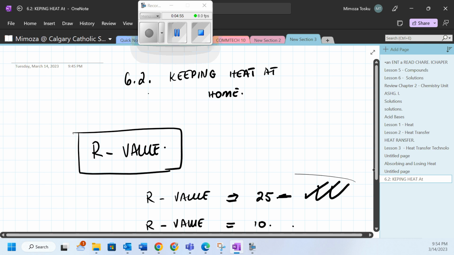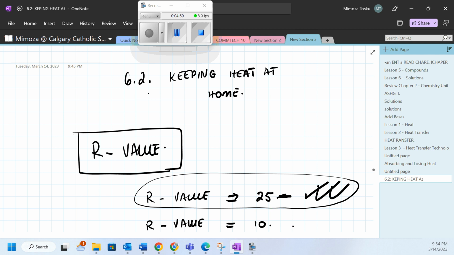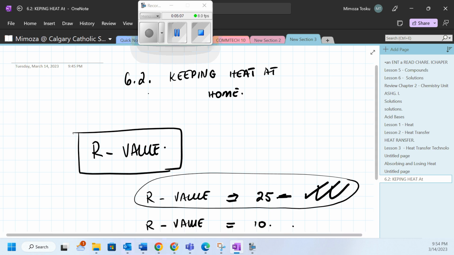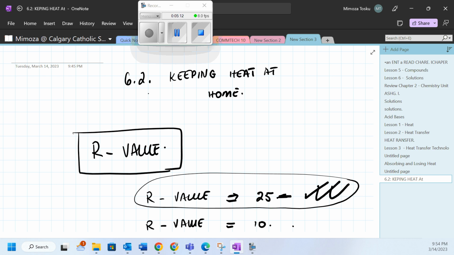So this tells us what material you need to use to insulate your walls and your home, so that the heat is kept in the house.